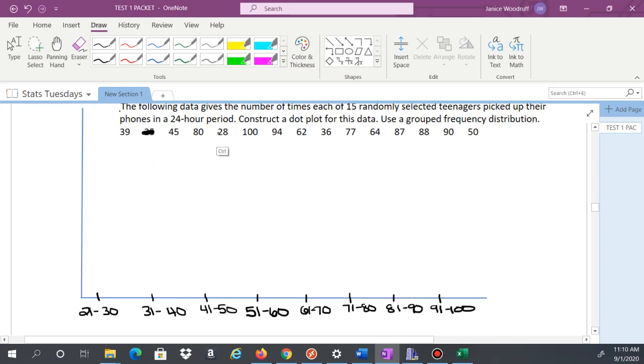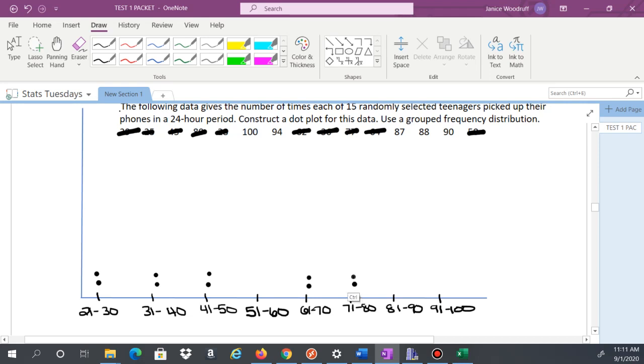So in 21 to 30, how many do we have? You got two. You got 25 and 28. So you're just going to put 2 dots. Try and make them in a straight line. 31 to 40, how many do we have? 2 dots again. 41 to 50, 2. 51 to 60, 61 to 70, 2 again. 71 to 80, 2.